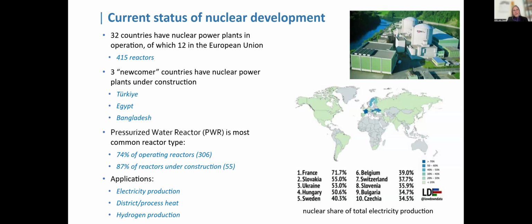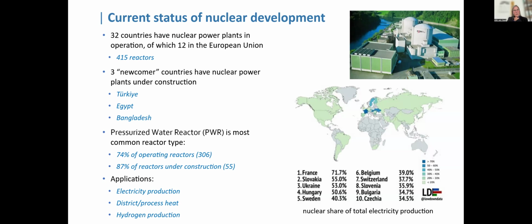So what's the current status of nuclear development? Well, 32 countries have nuclear power plants in operation, of which 12 in the European Union, in total with 415 reactors. And among these, there are 3 so-called newcomer countries that have nuclear power plants under construction. That is Turkey, Egypt, and Bangladesh. And what kind of reactor are they building?